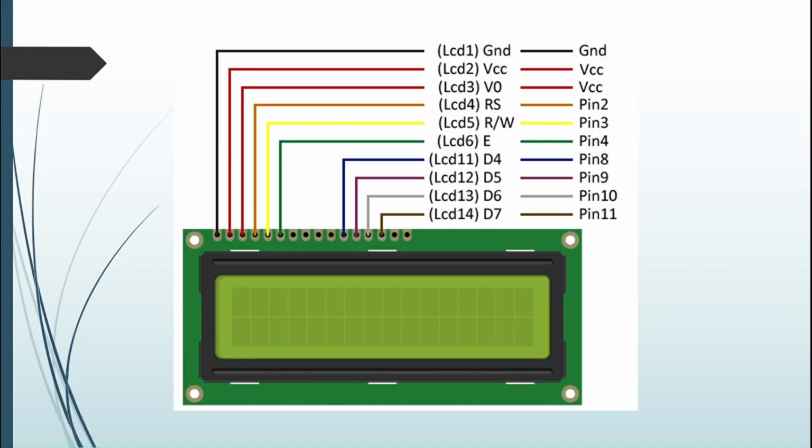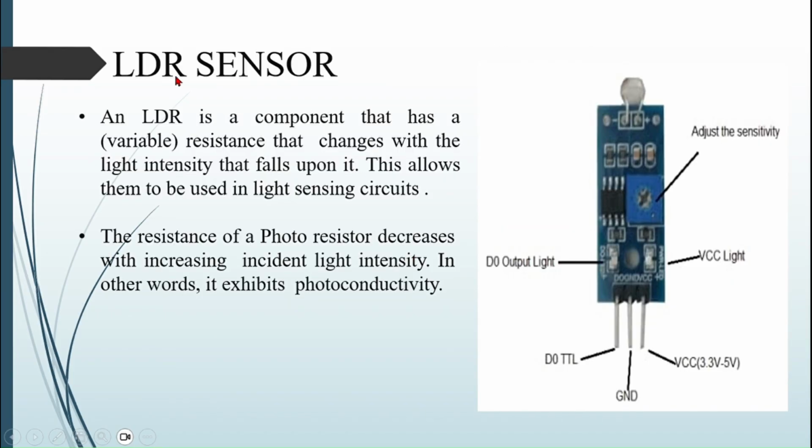This is a schematic view of our LCD. These are the two lines of our LCD. These are connectors. In this project, we are connecting it virtually. Next is the LDR sensor. It is a component that has a variable resistance that changes when light intensity falls on it.